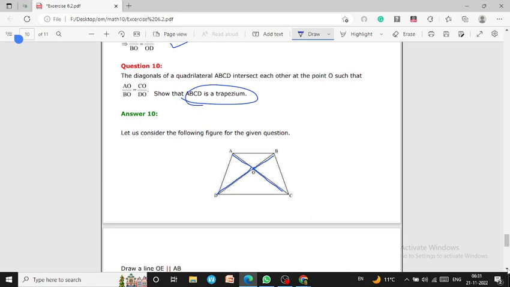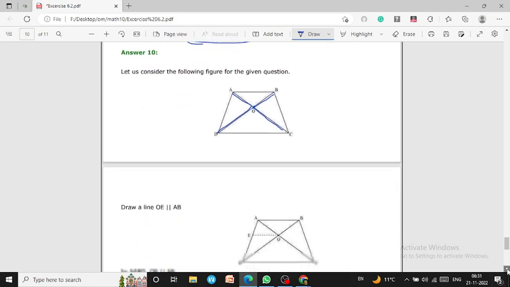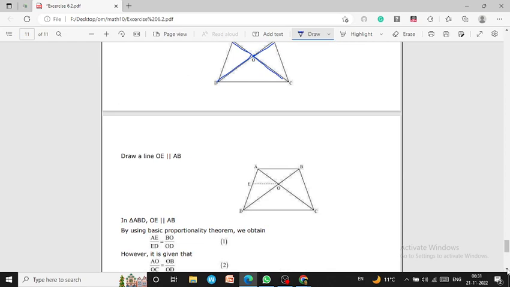First of all we draw a line OE for proving it. In triangle ABD, OE is parallel to AB, so AE over ED is equal to OB over OD, the first equation.